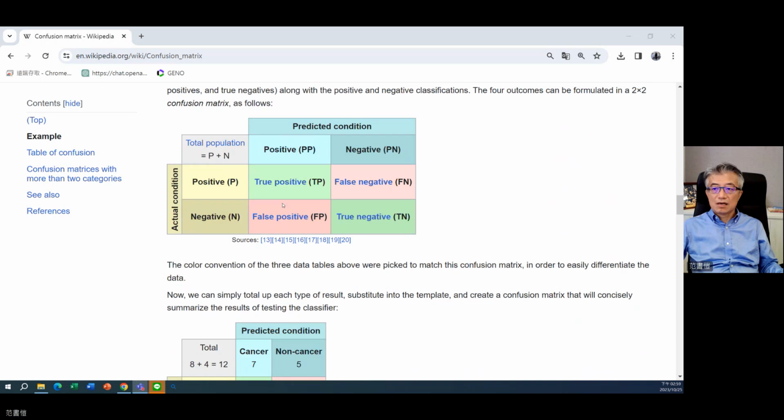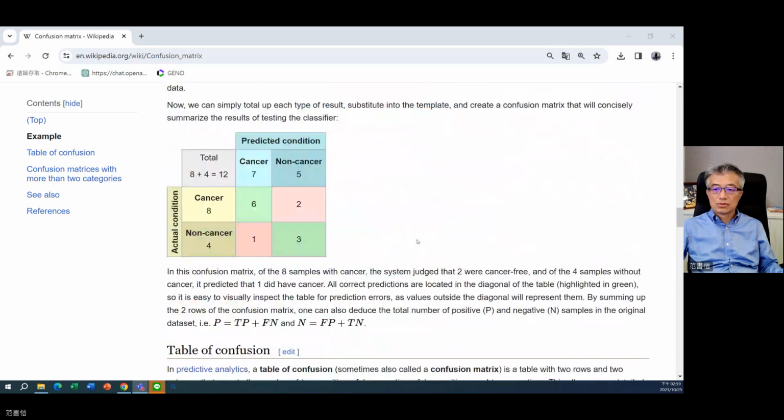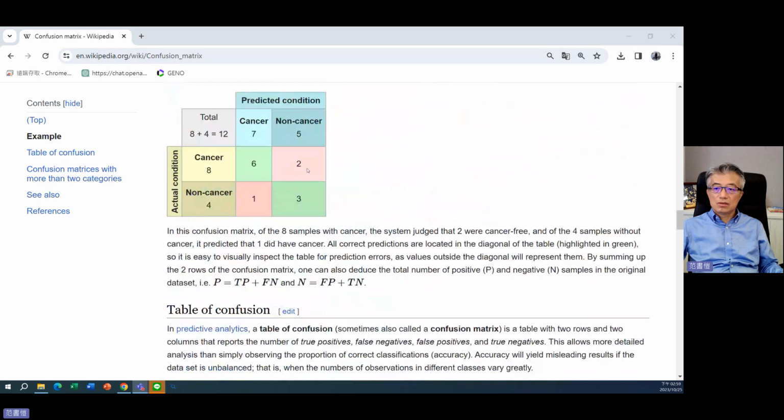Based upon this example we got, you have a 12. Actually, the actuality, we have 8 people with cancer, 4 people are cancer-free. Prediction: out of 8, we make 6 correct predictions.